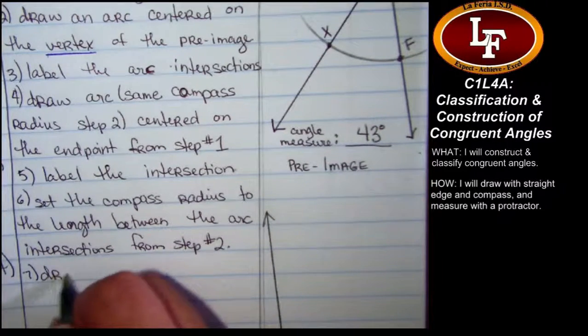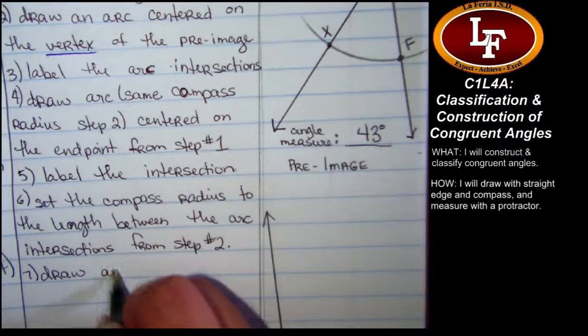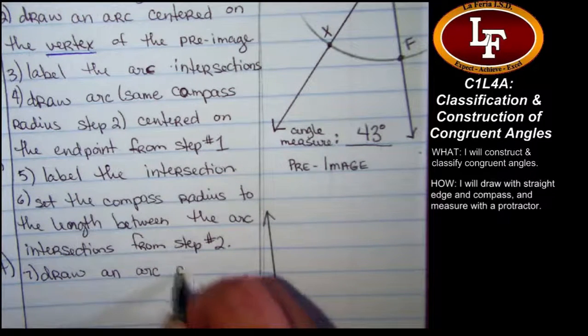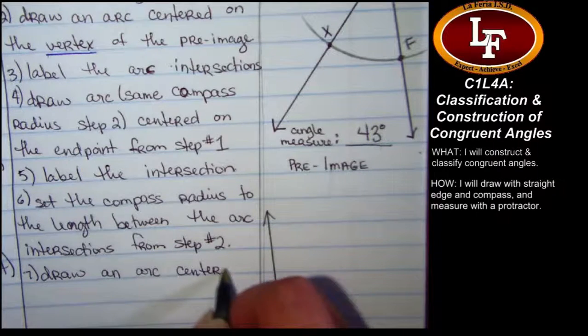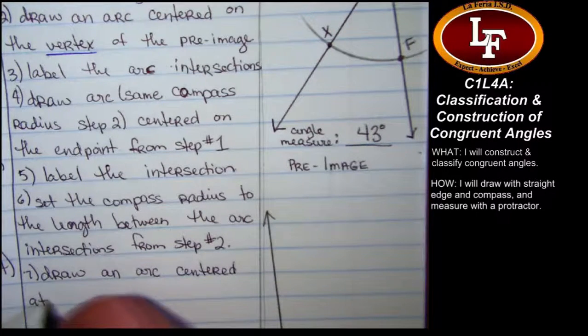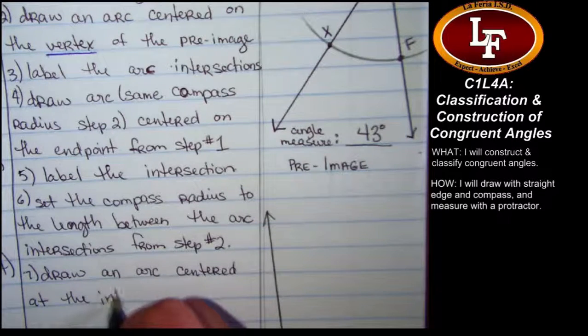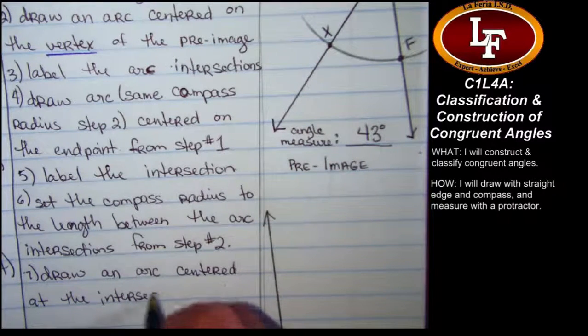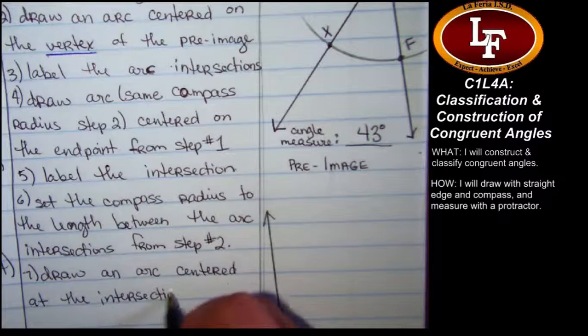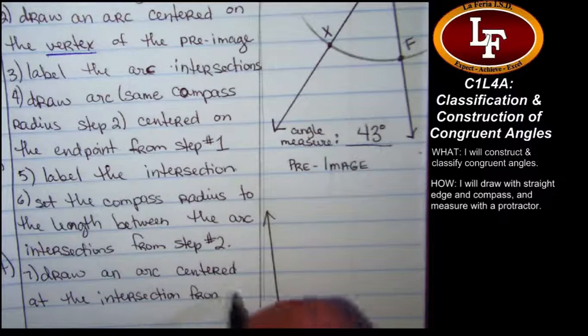Step 7 is to draw another arc. But please center it on the intersection from step 5.